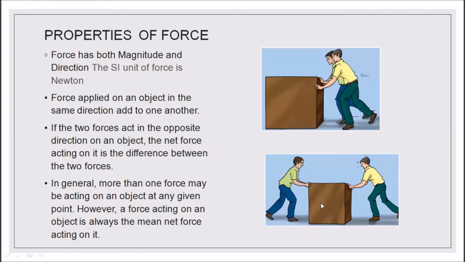We can apply as many forces as we like on this object. Lots of people can push these boxes, but the net force, the total force, is the sum or the difference of the forces acting on this object. So if the forces are applied in the same direction, we add them up. And if the forces are applied in opposite directions, we subtract them. And that is called the net force.